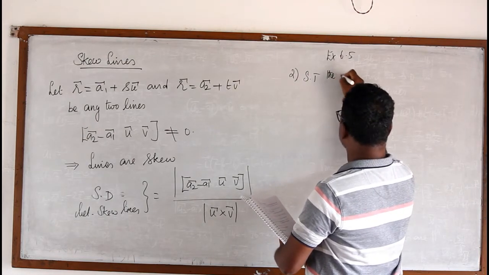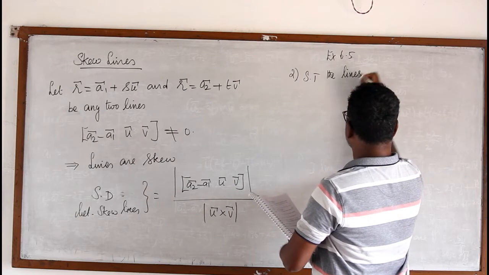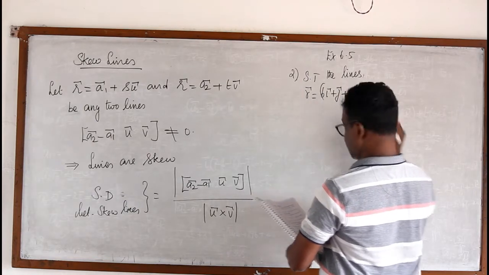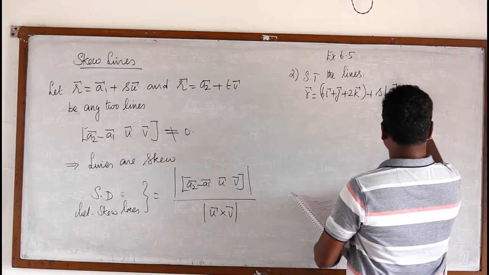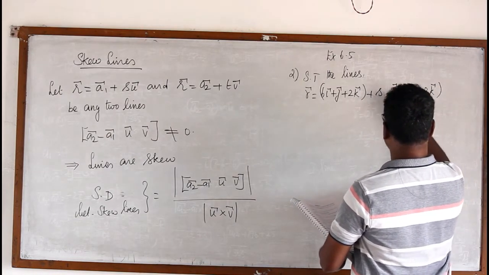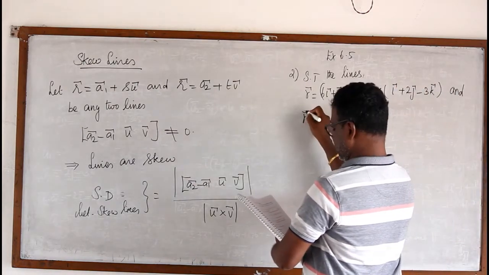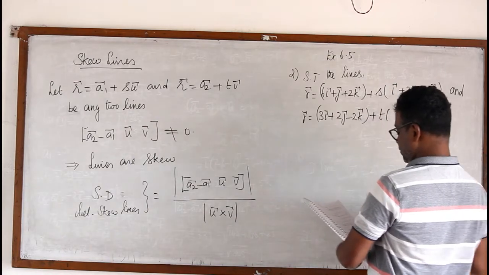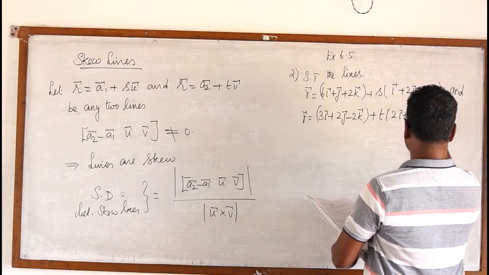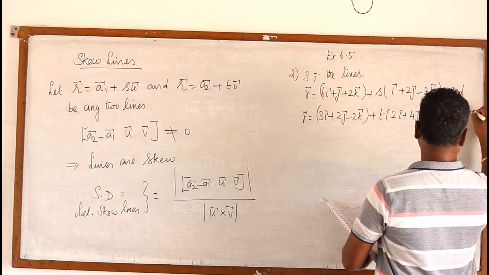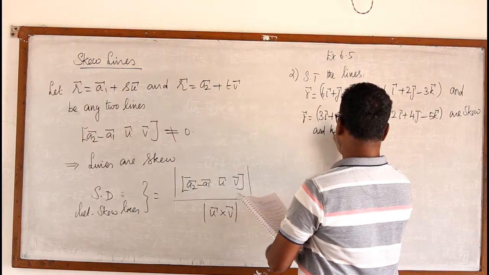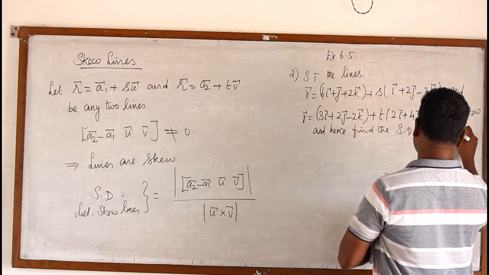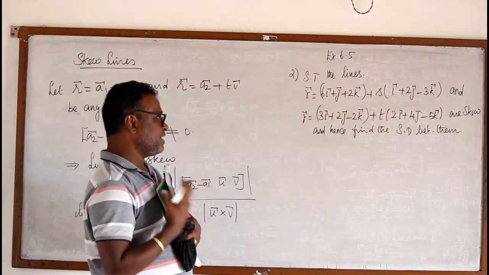Show that the lines r vector equal to 6i plus j plus 2k plus s into i plus 2j minus 3k, and r vector equal to 3i plus 2j minus 2k plus t into 2i plus 4j minus 5k are skewed, and hence find the shortest distance between them. Remember, shortest distance means always the perpendicular distance between two objects.